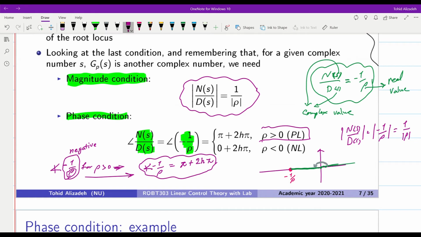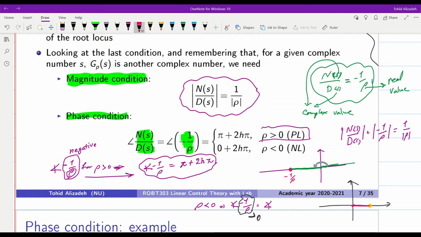For the negative values of rho, when rho is smaller than 0, then phase of minus 1 over rho will be phase of some positive value. Okay, so let me say that this will be bigger than 0. The point will be located in our s-plane on the real axis on the right hand side, and if I want to find out the phase for that point, I will connect that point to the origin.